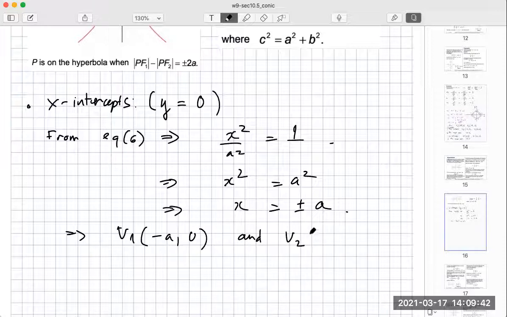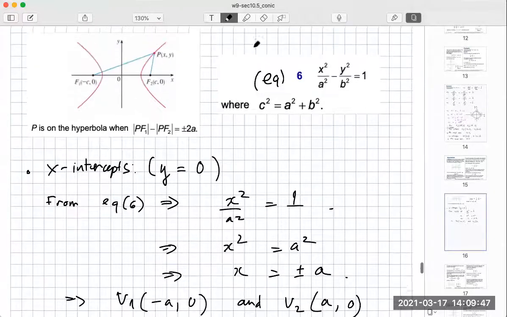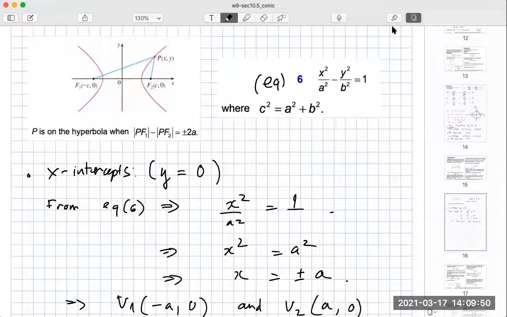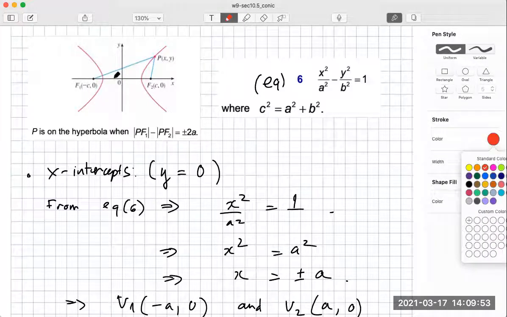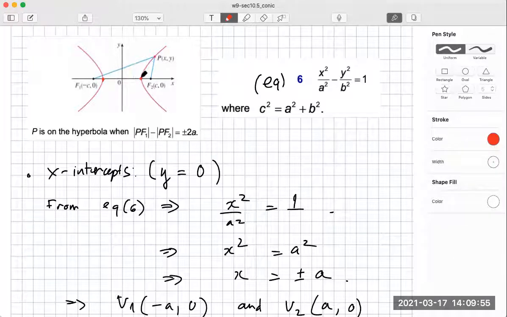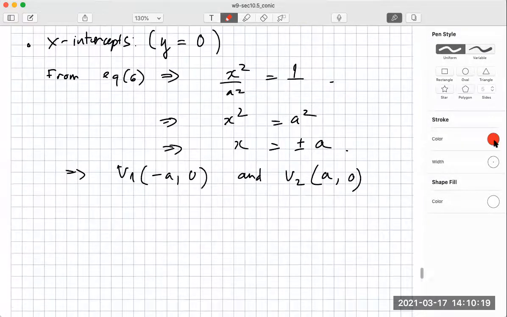And V2 where x is equal to positive a, y is equal to 0, which is these points here and here. These points satisfy this equation, it means that they should be on the curve, right? It means this belongs to the hyperbola here. Makes sense, very good. How about, can we find the y-intercepts?